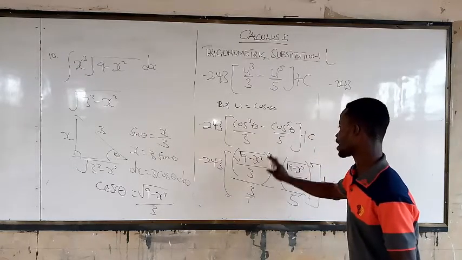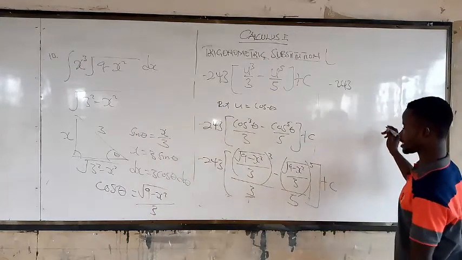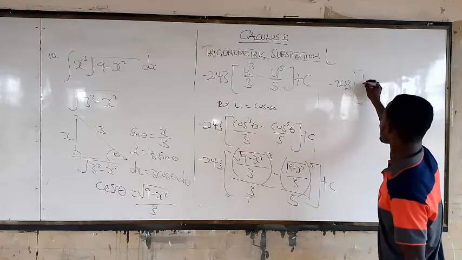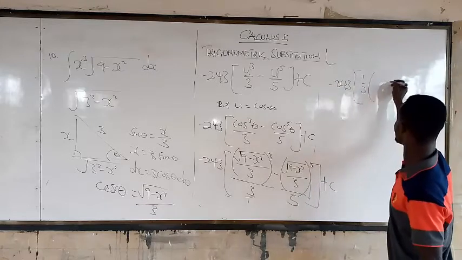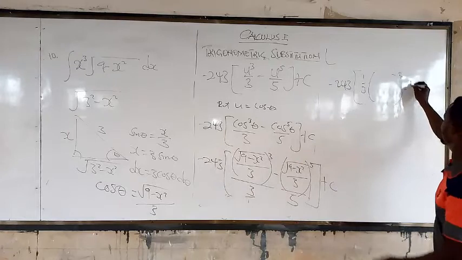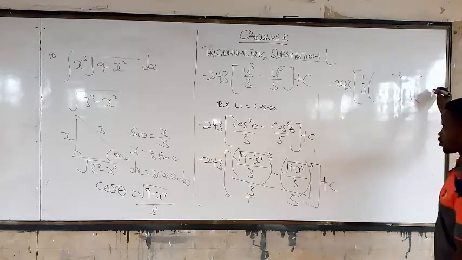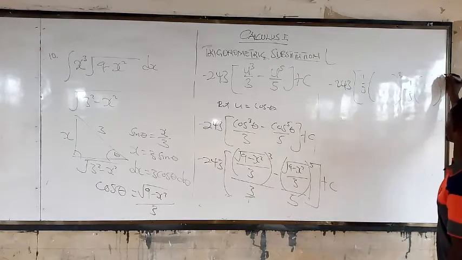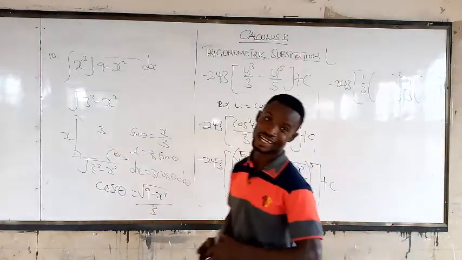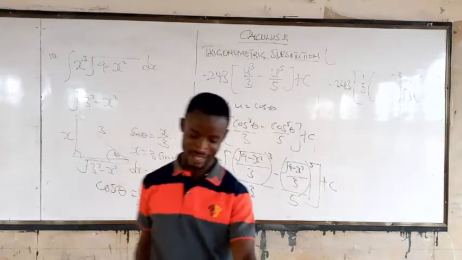So multiply this by 1 over 3. So you just have something like 1 over 3, then the whole of that stuff over 3. Minus here 1 over 5. Then the whole of that stuff over 5. Alright, plus c. So do that. And that will be the end of question 10.